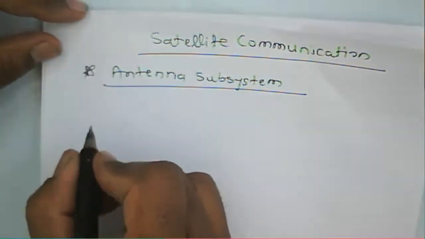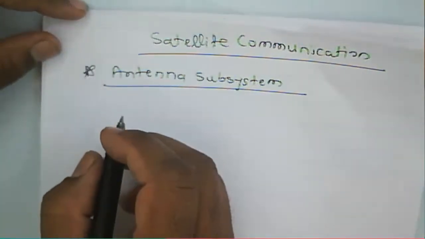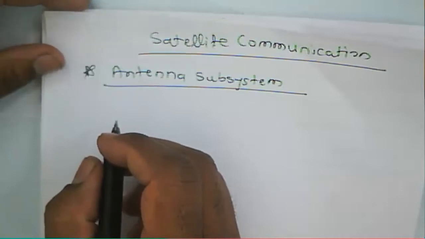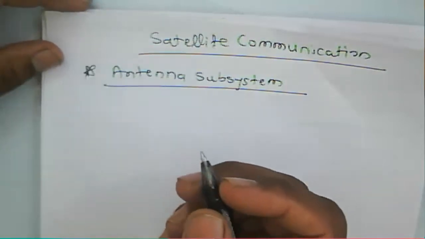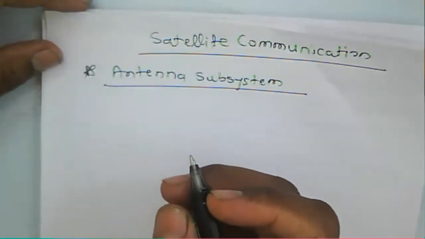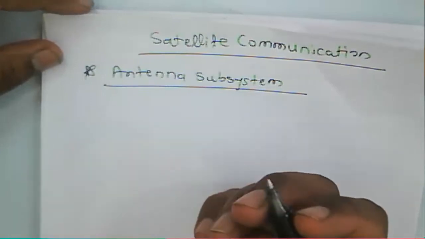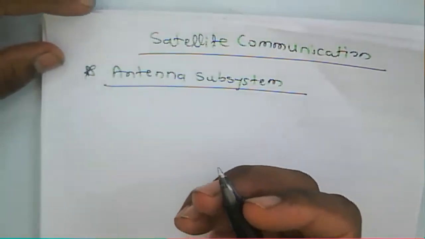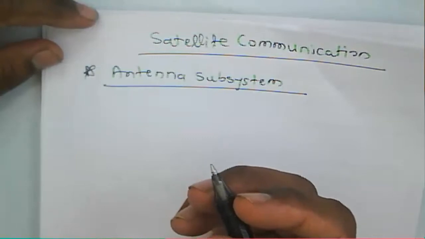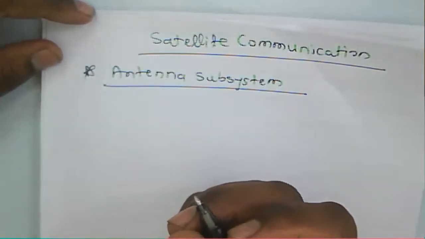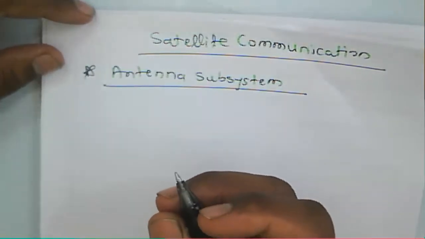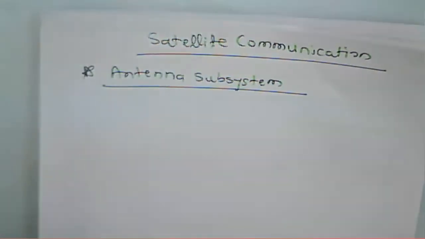As we have seen the antenna parameters in the last lecture, we continue with the various types of antenna used in satellite communication for uplink and downlink communication. The same antennas are also used for communicating to the earth station regarding the position of the satellite.